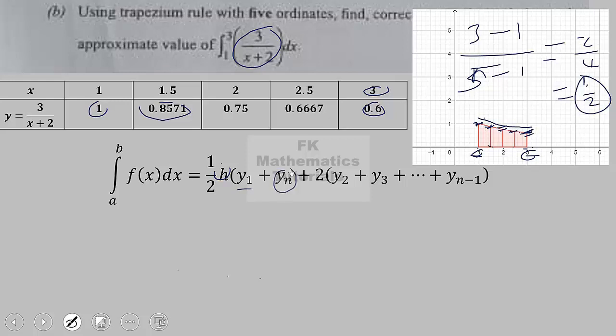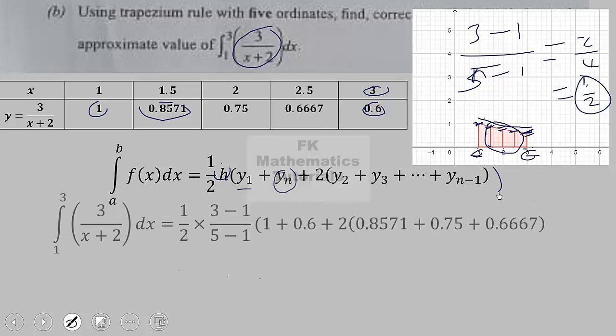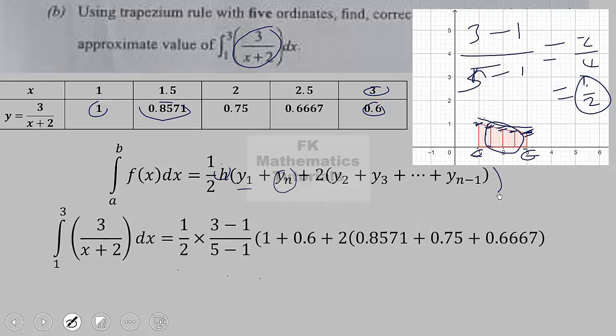Then all the other ordinates, you multiply them by 2 and add them. This is the formula you can see on your screen. When we substitute those values, we get what you're seeing here. And when we simplify, we get 1.5369, which is 1.54 to 2 decimal places as the question required.